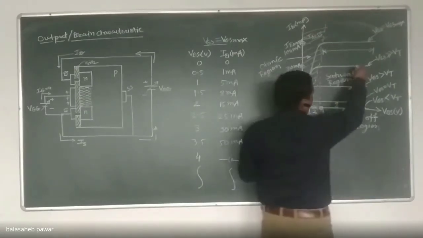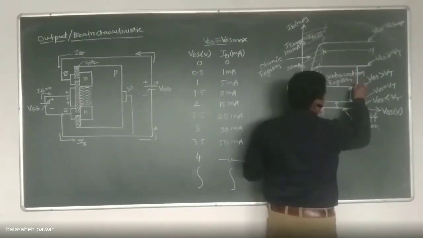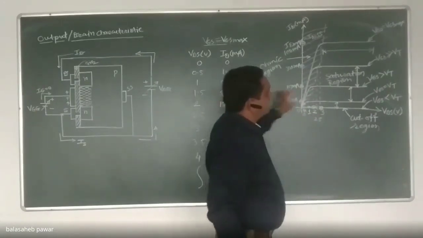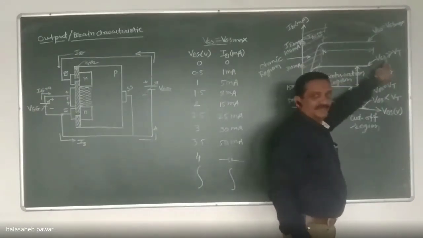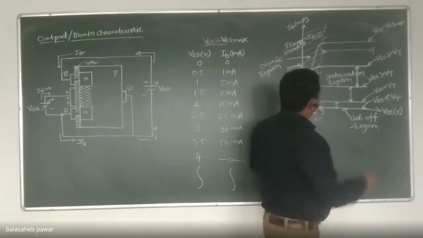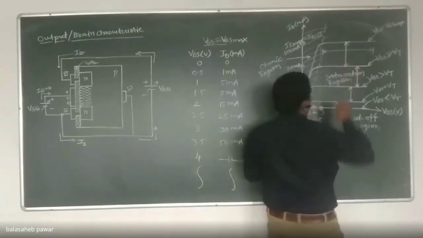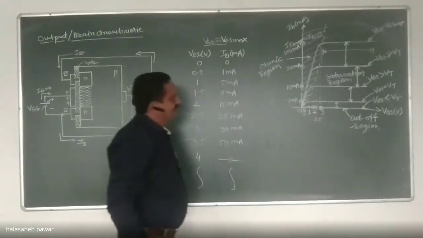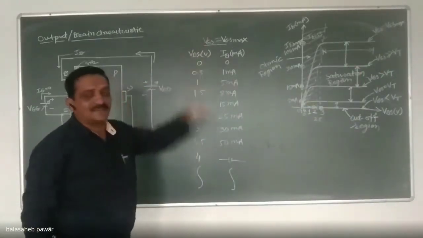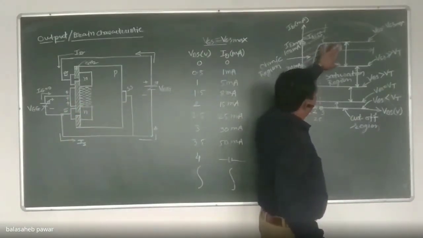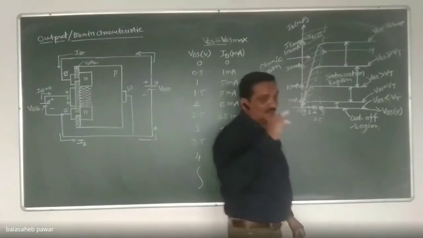Later, between VGS greater than VT and VGS sufficiently greater than VT, between these two curves, and at the last, the step size I showed is maximum. Is it visible to all? The step size I tried to show is not at a constant level.